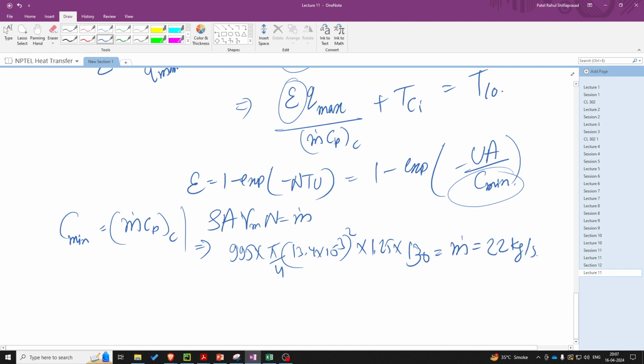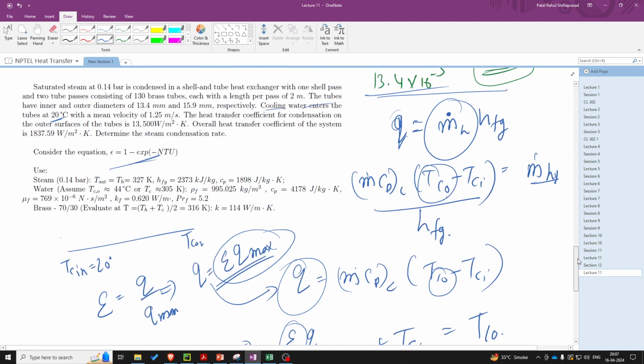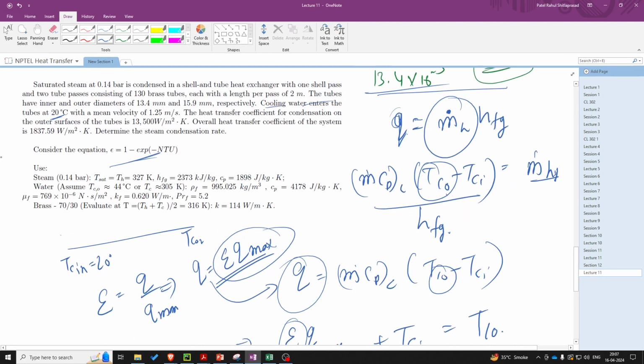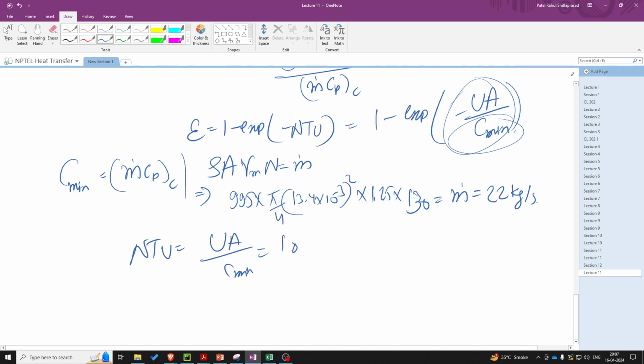And from that you can calculate this NTU, that is UA upon C_minimum. The value of U, the overall heat transfer coefficient, is 1837. Area will be pi d L, again times the number of tubes, upon C_minimum.